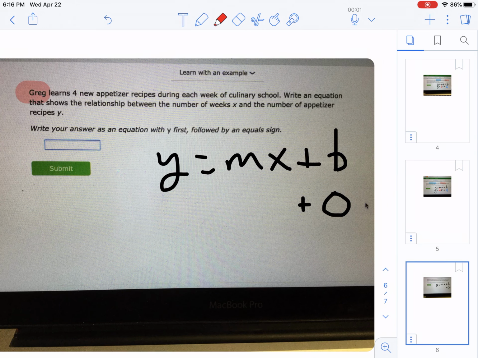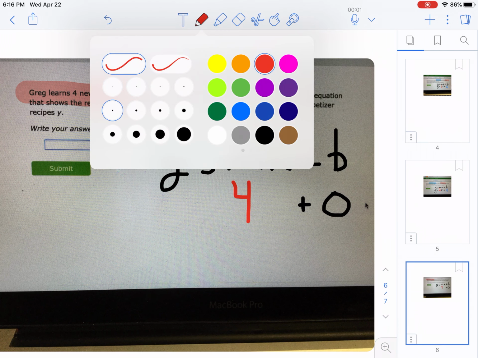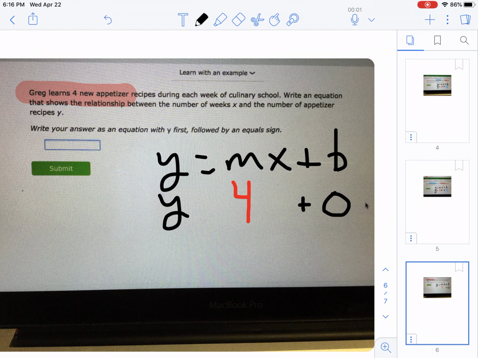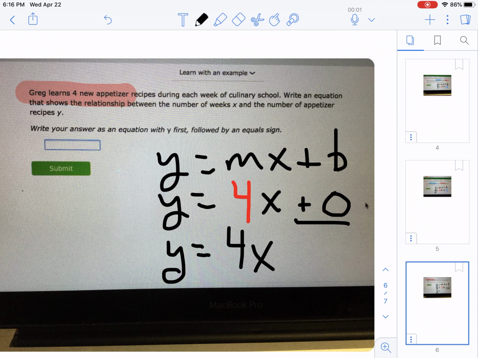We can say that Greg learns 4 new appetizers is the variable part, because he learns 4 new appetizers each week. So for the variable part, we would write 4 where the m goes, and then you can just finish your equation with y equals 4x plus 0. Since it says plus 0 at the end, you don't have to write that because it doesn't add anything to the equation. You can just simplify this to y equals 4x.